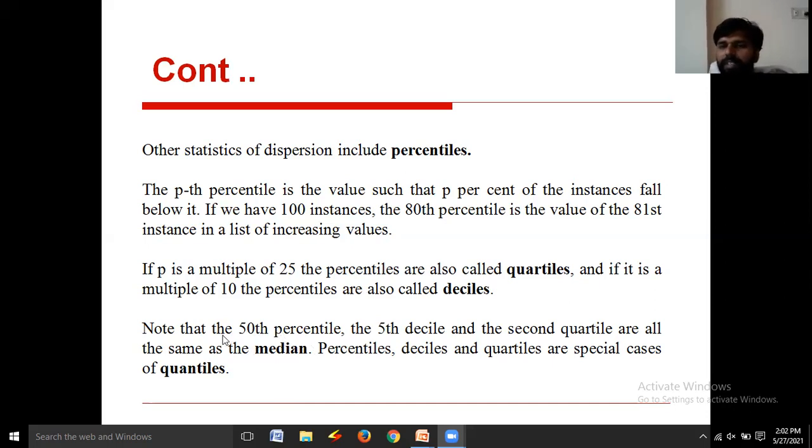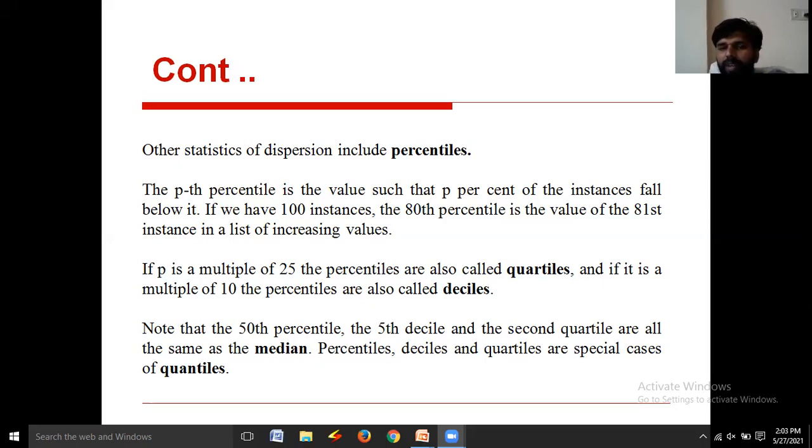See, what is the median? What are the equivalents for the median? The 50th percentile is equivalent to the median. The 5th decile is equal to the median. The second quartile is equal to the median. Got the point? Percentiles, deciles, quartiles are special cases of quantiles.